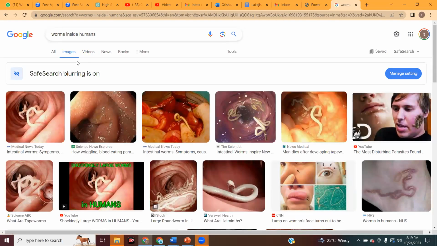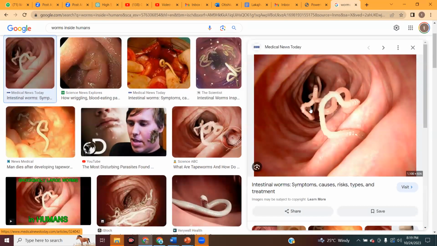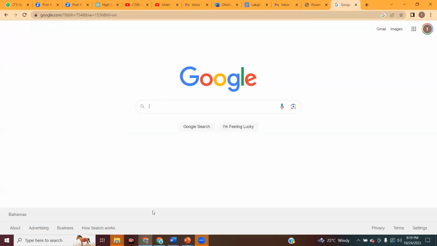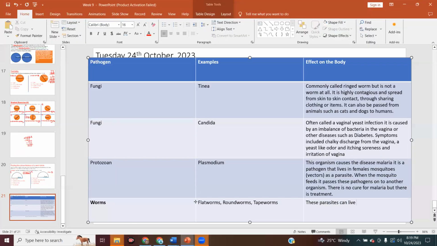Oh, wait, let me just show this. This is worms inside someone's intestine. Sheesh. Let me just quickly move this because I don't want you all to have nightmares. But it is proof that they can live inside people. And they want to go right where the food is, all right? In your digestive tract. And so that means that they are living off of you, right?